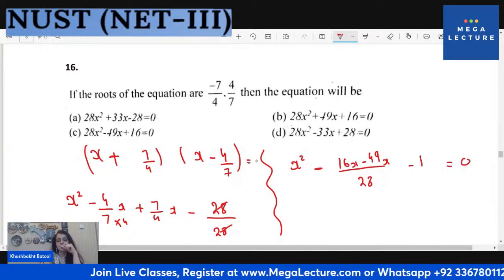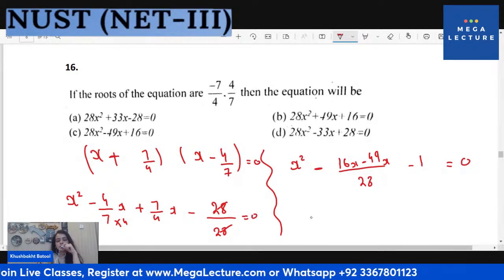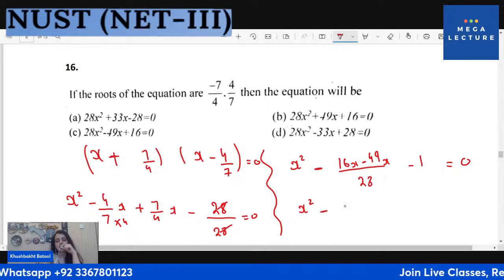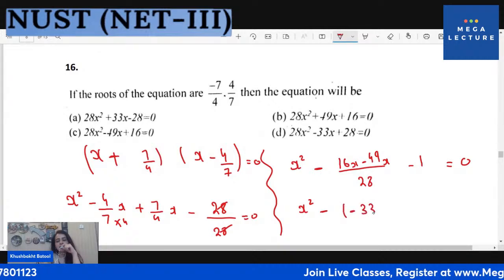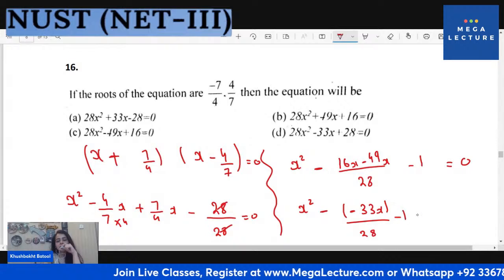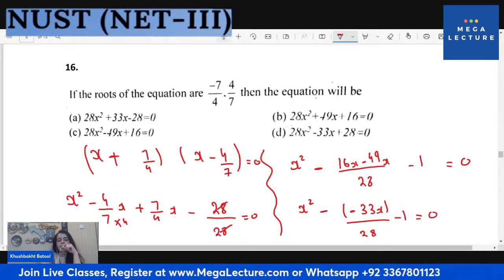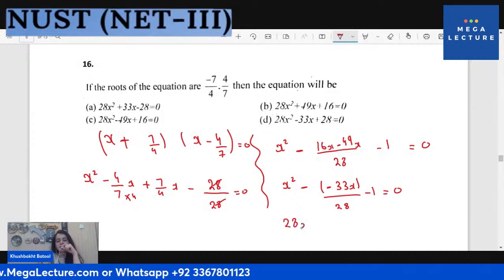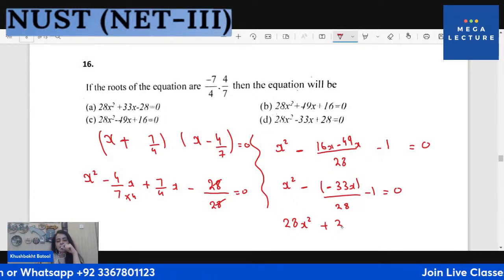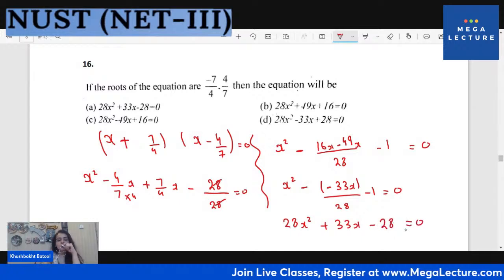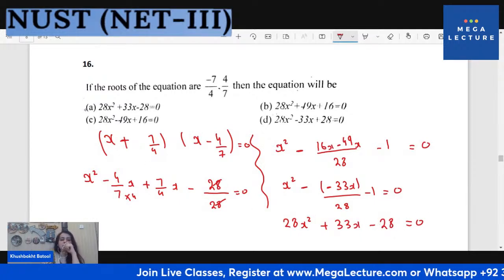Now I can simplify this. X squared minus 33x by 28 minus 1 equals 0. And simply I'll take 28 to the other side by taking LCM. 28x squared plus 33x minus 28 equals 0. So the answer is going to be A in this case.